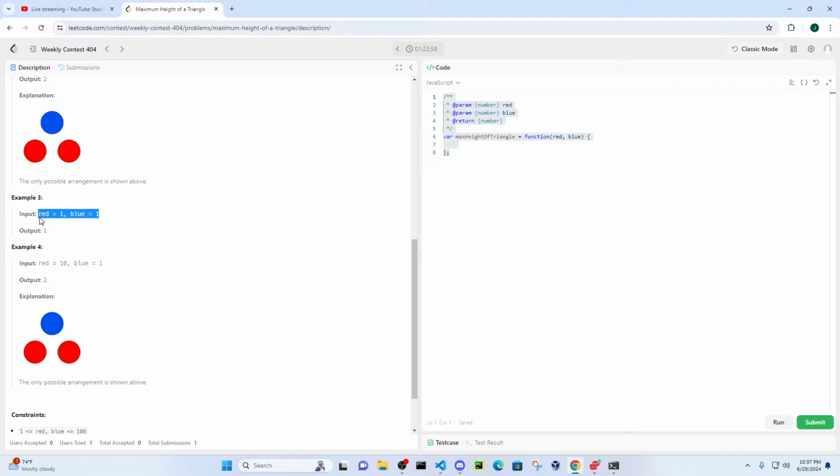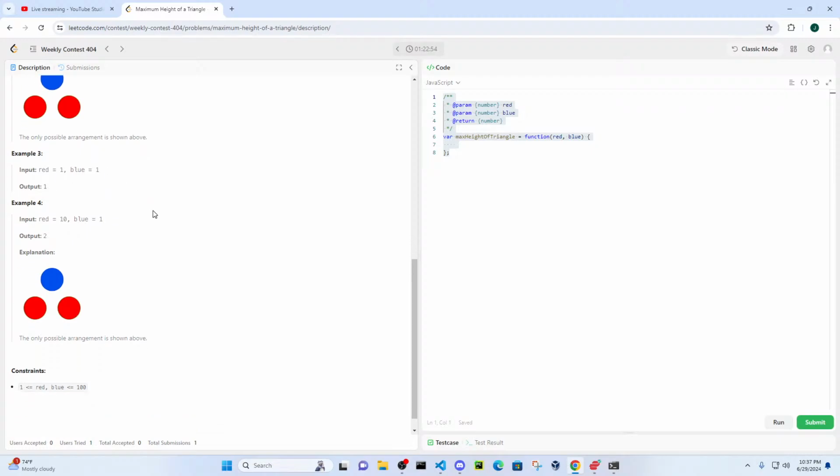The third one, 1 red, 1 blue, output 1. And if there's 10 red and 1 blue, you're limited. Our constraints are that red and blue are anywhere from 1 to 100.